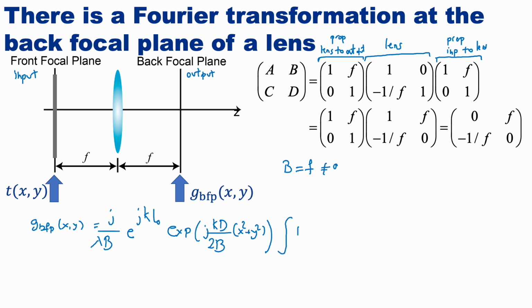So now the input here is our transmittance, times exponential of jkA over 2B times alpha squared plus beta squared, the mixed term of the Fourier transform kernel.